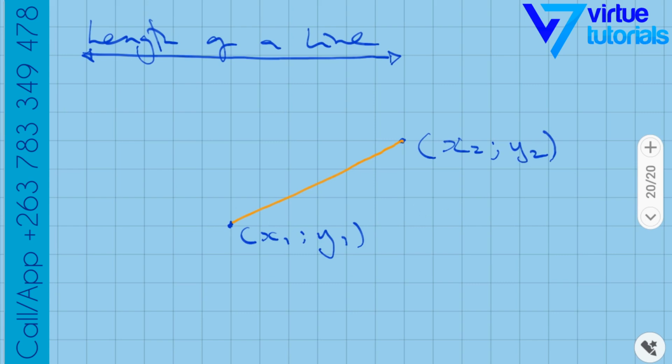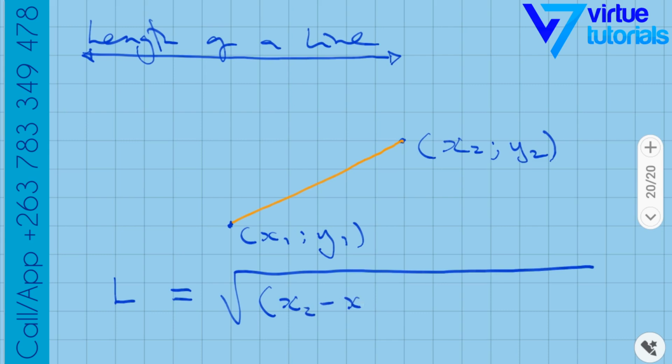Well, it's simple. We use this formula. Length of line, L, if L represents length of line, is equal to square root of x2 minus x1 squared plus y2 minus y1 squared.